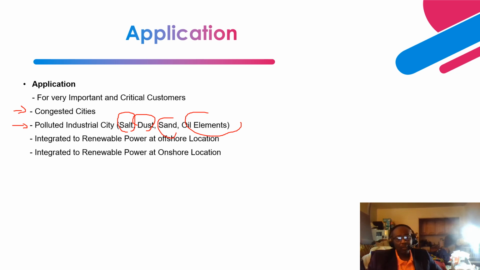Next is that renewables have penetrated and are now part and parcel of the power system network and have been integrated into it. Later on, we are seeing renewables as being about 60 to 70% of all the power producing portfolios that need to be integrated to the transmission network. As such, GIS becomes an option, especially for offshore facilities.